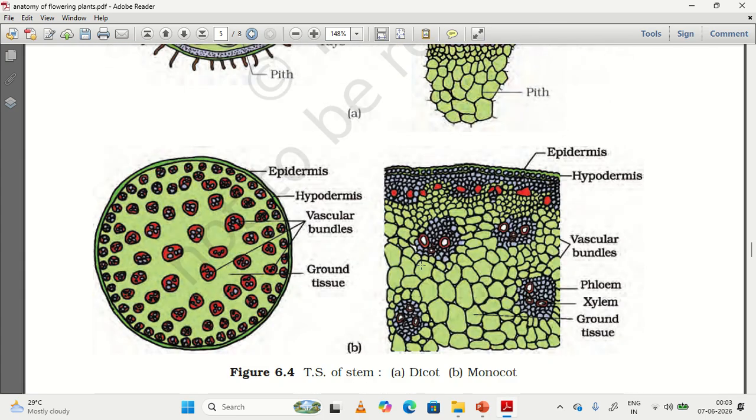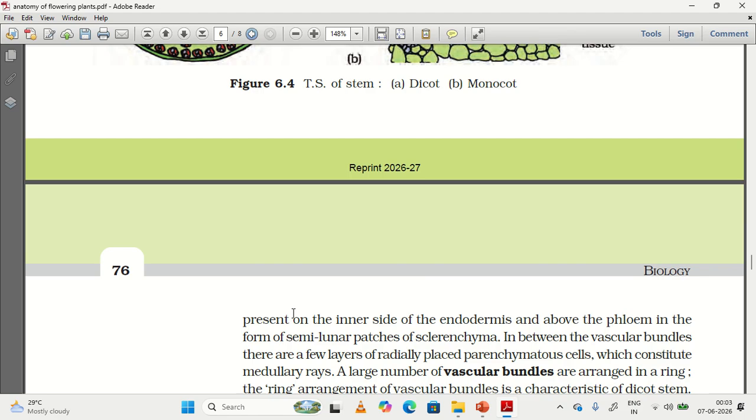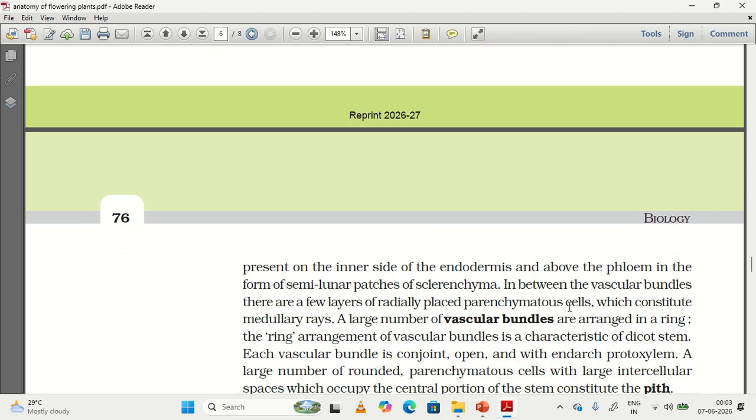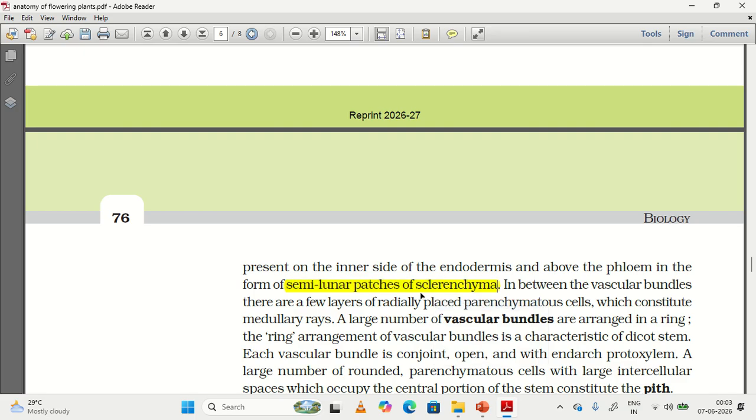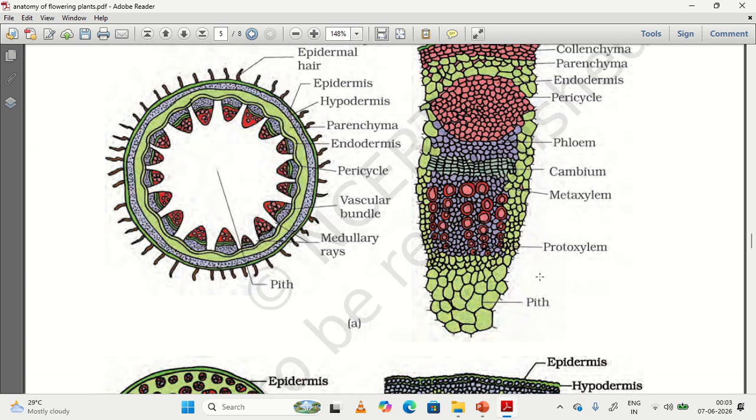Let us see the function of the pericycle here. The pericycle is present on the inner side of the endodermis and above the phloem in the form of semilunar patches, made up of sclerenchyma. Semilunar means half moon shape.